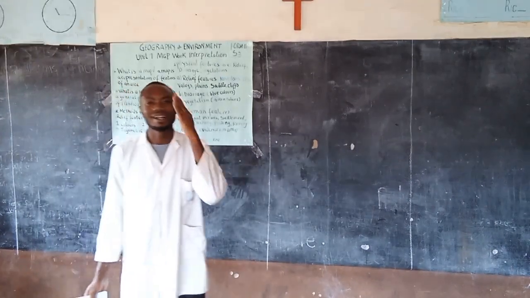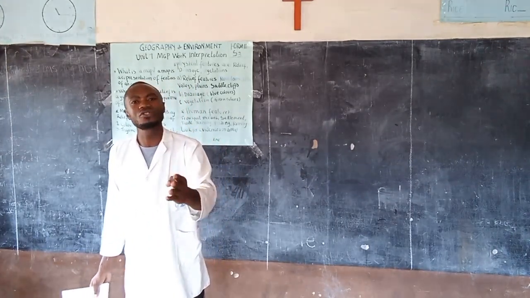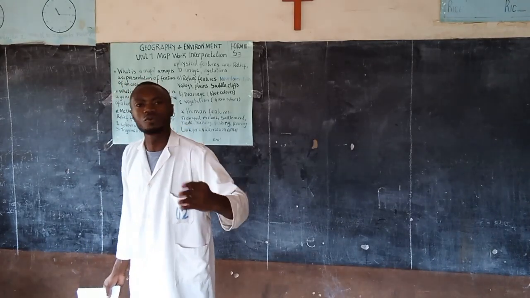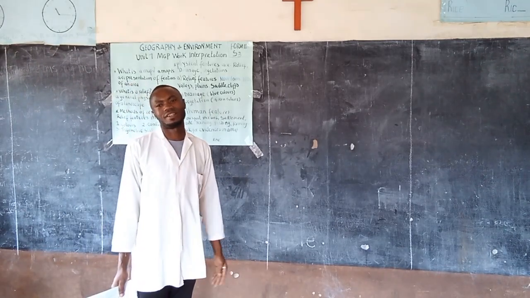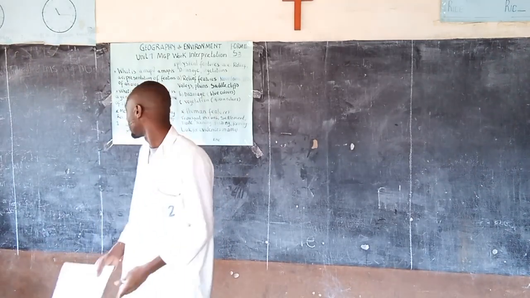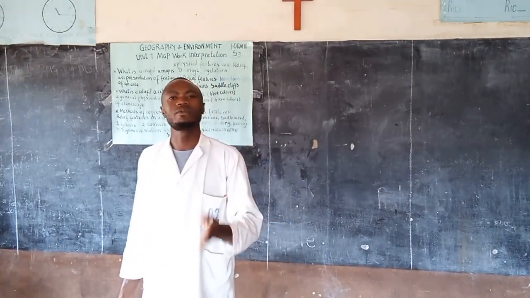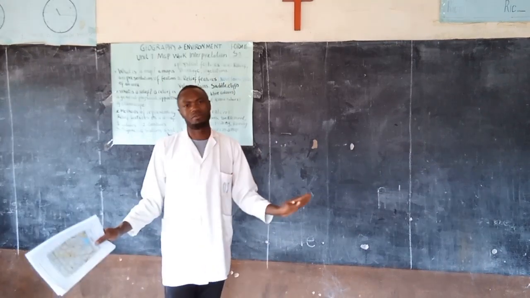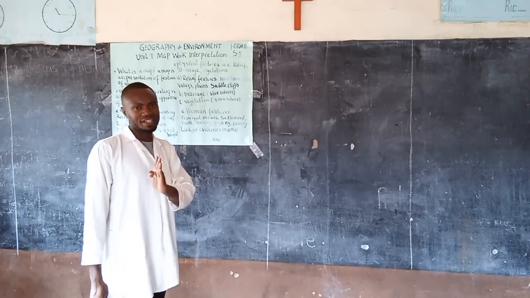Contours are lines which show the heights, points of the same altitudes. If there are no contours on a topographical map, that one is not a map. Every topographical map must have contour lines.